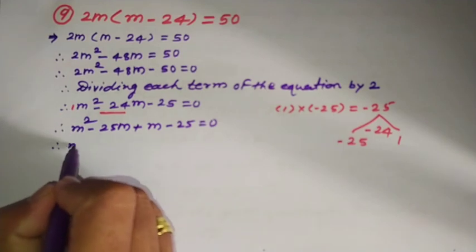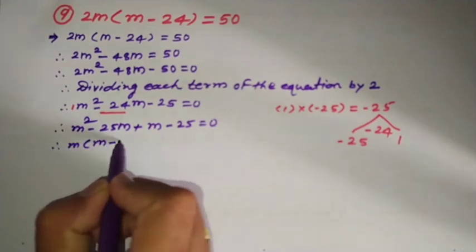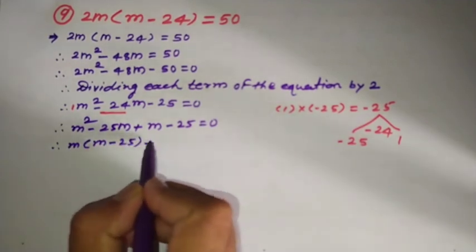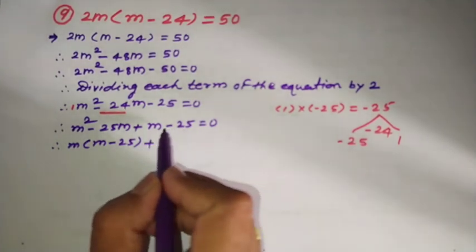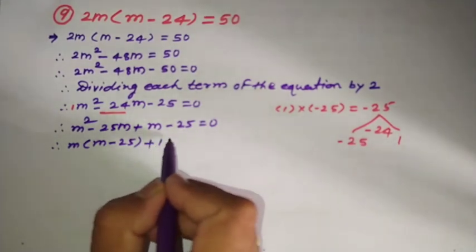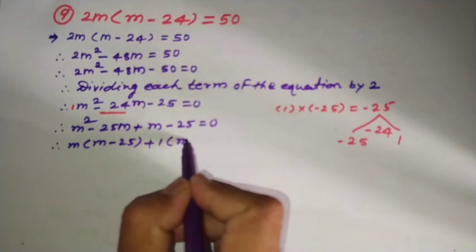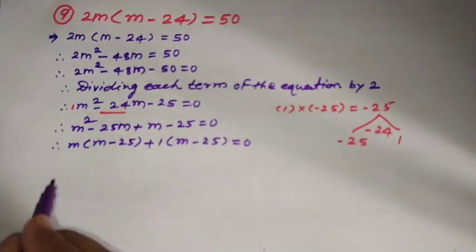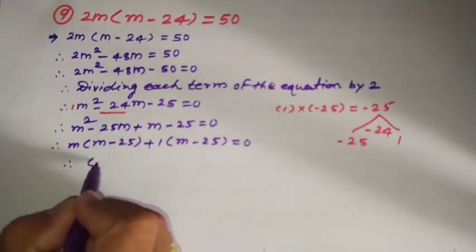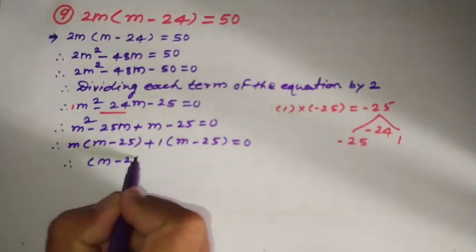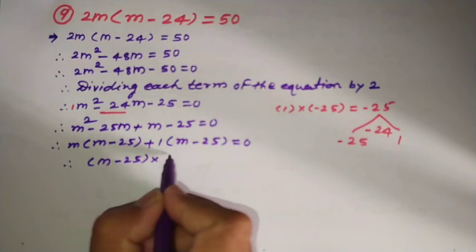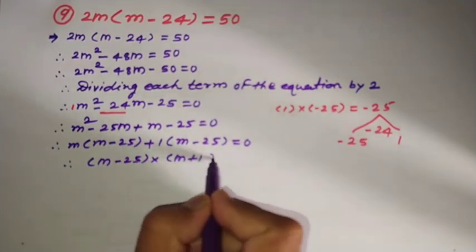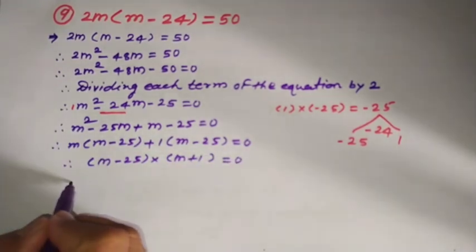In two terms m is the common factor, remaining part m minus 25. In the other two terms 1 is common, m minus 25 is equal to 0. Common bracket: m minus 25 into m plus 1 is equal to 0.